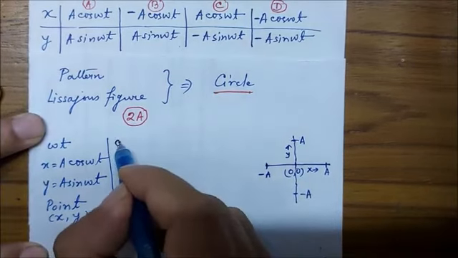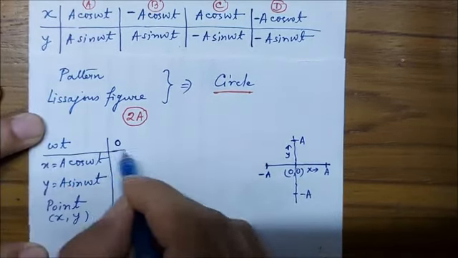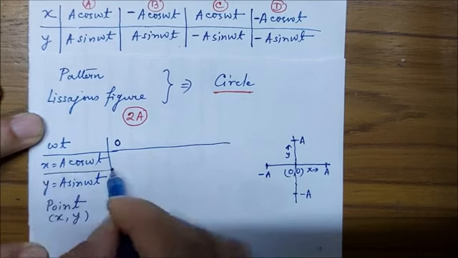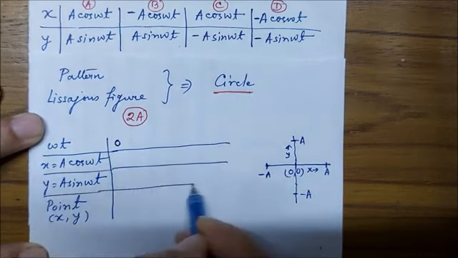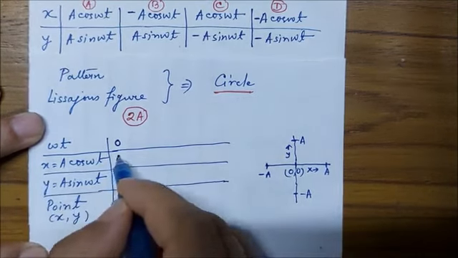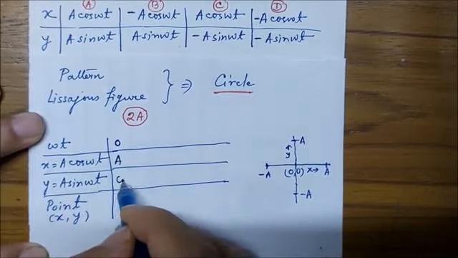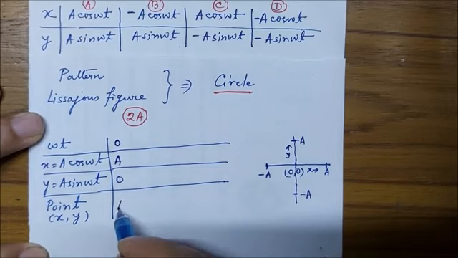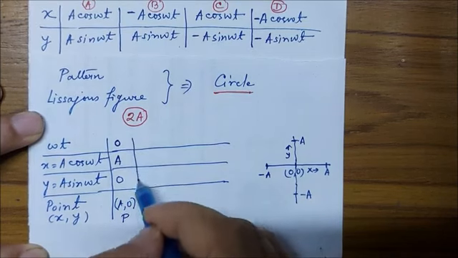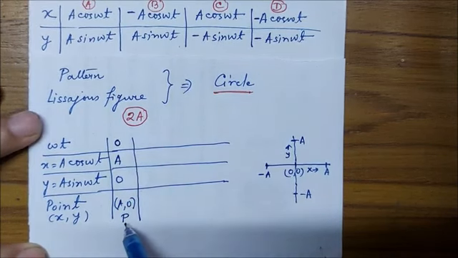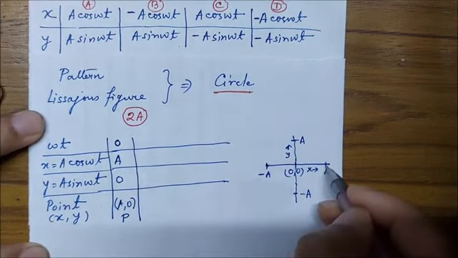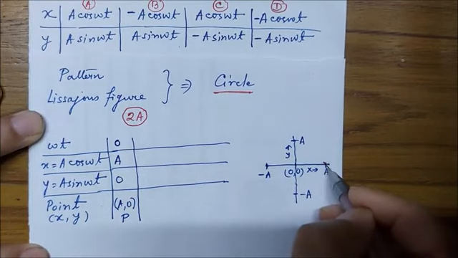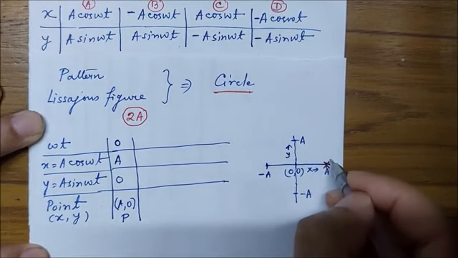Now for omega t equal to 0, x is a and y is 0, so the point is a, 0, and let us call this point P.